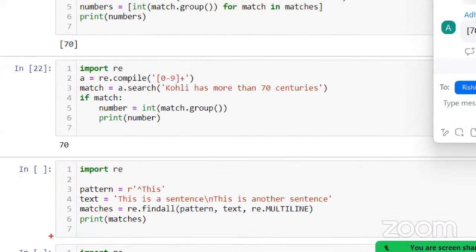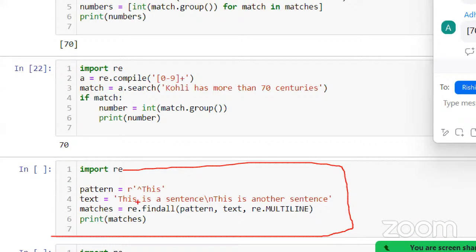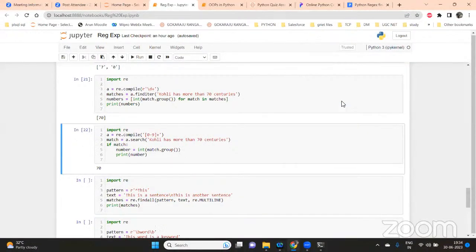Next one. Okay. Only Sharon. How do you spell this?